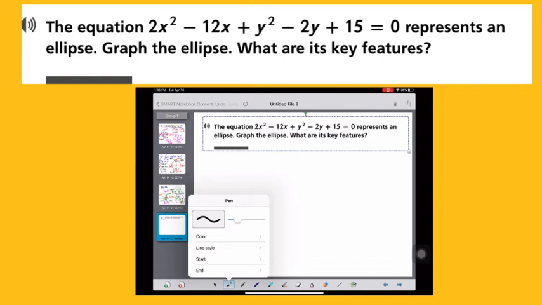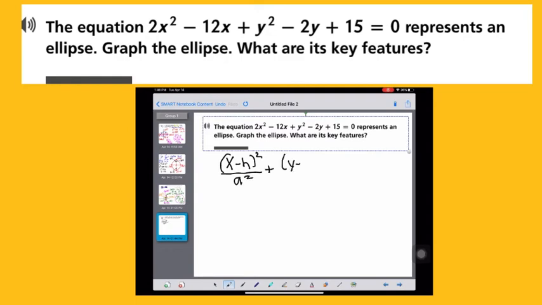Again, our standard form for this, x minus h squared over a squared plus y minus k squared over b squared is equal to 1. And that's kind of the key here in this one, is that this time they have to equal 1. And so it's going to change a little bit how we do it. Really, a lot like we did before.